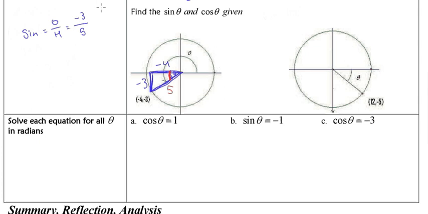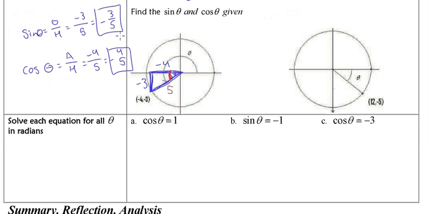And we end up with a sine of -3/5. There's the sine of theta. Now cosine of that same angle, so cosine of theta. Cosine is adjacent over hypotenuse, or over radius. And so we have the adjacent side is the -4 over the hypotenuse of 5.